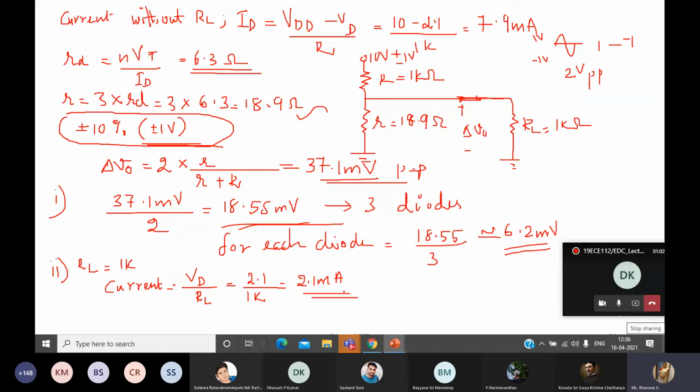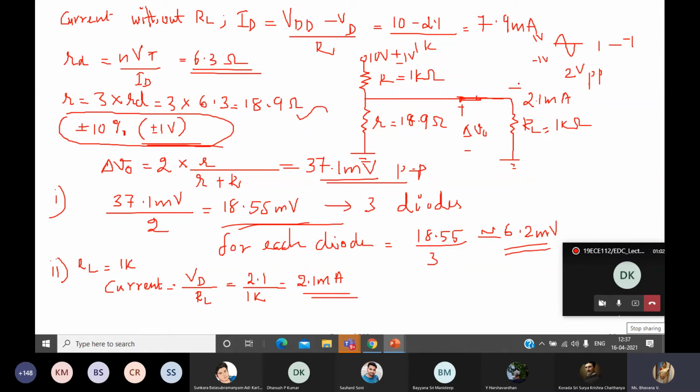Now all of you listen here. So this 2.1 milliampere is the current drawn by the load. Then what will be the current flowing through the diode is my question. The same current will flow through the diode as well, but in the reverse direction. It will be decreasing.